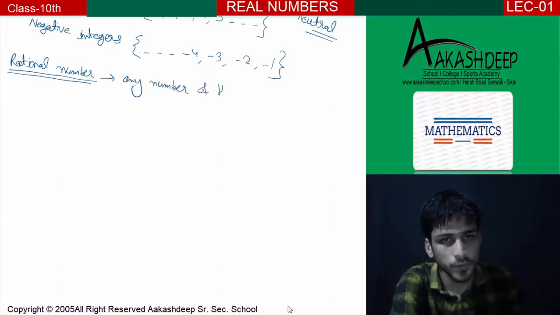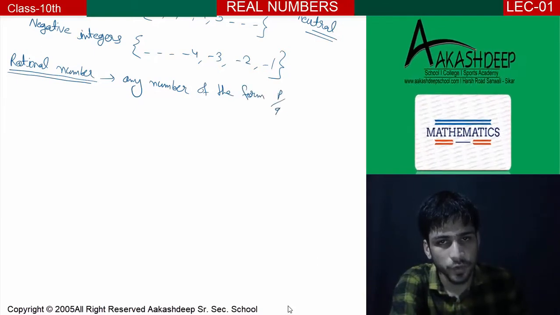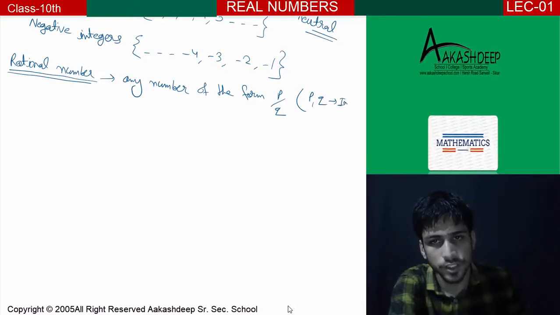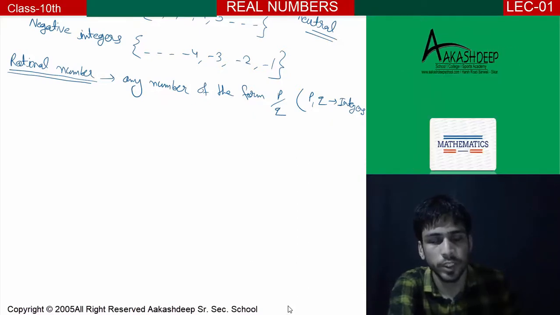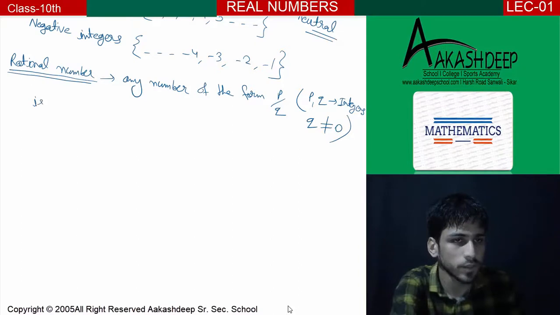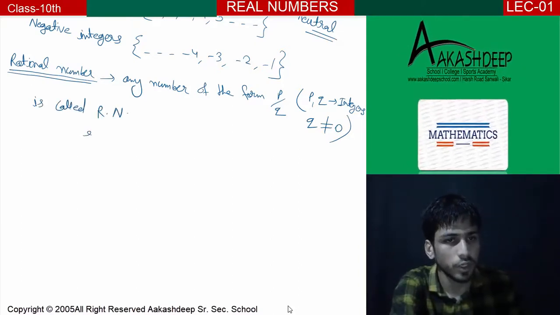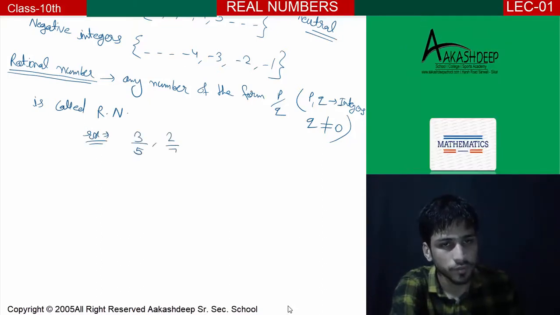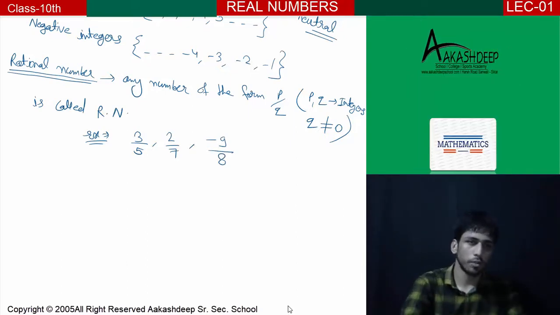Any number of the form P by Q, where P and Q are integers and Q is not equal to 0 is called rational number. Okay. So for example we have here 3 by 5, 2 by 7, -9 by 8. All are examples of rational number.